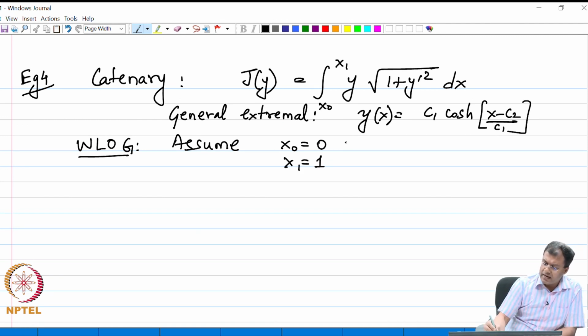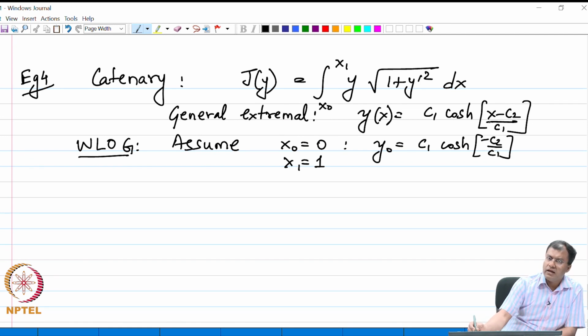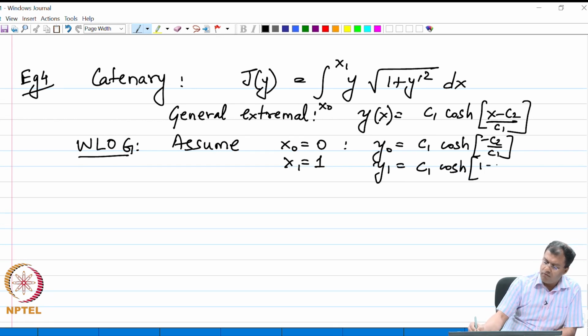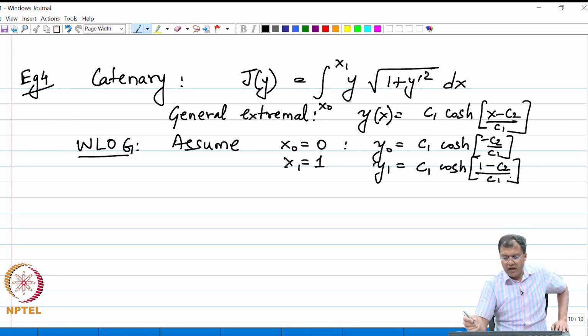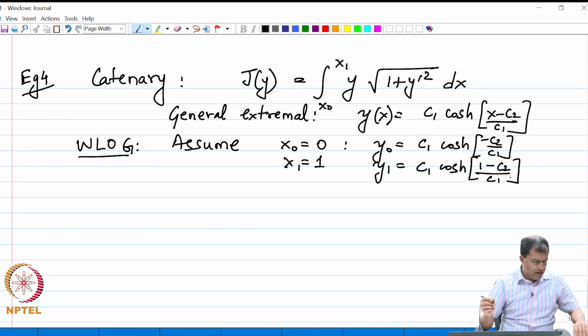In that case my y0 will be c1 times cosh of minus c2 by c1, just plugging in x0 equal to 0, and similarly y1 is equal to c1 times cosh of (1 minus c2) by c1. We just plug in the value x equal to 1 here.